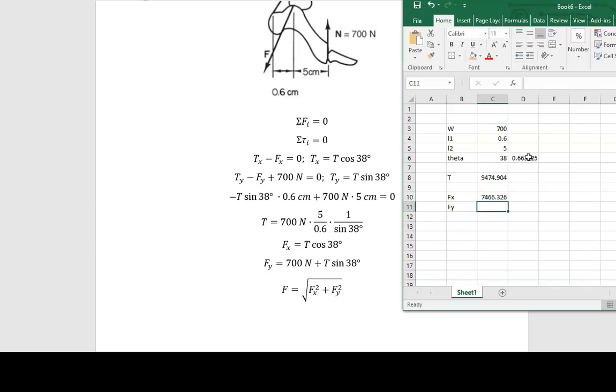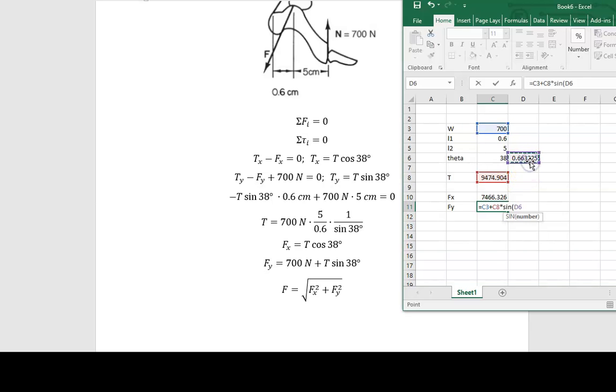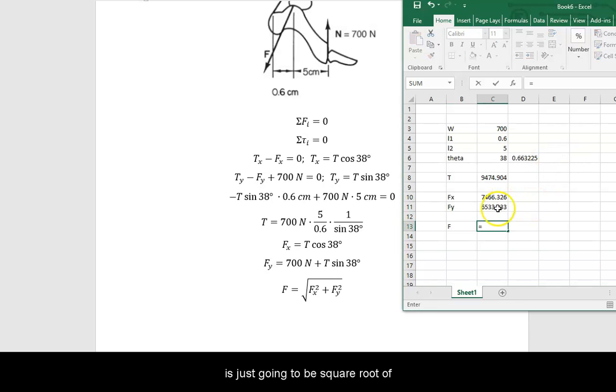Fy is going to be our weight, 700, plus T times the sine of that angle. And then our total F is just the square root of Fx squared plus Fy squared. So our total F is 9,921 newtons.